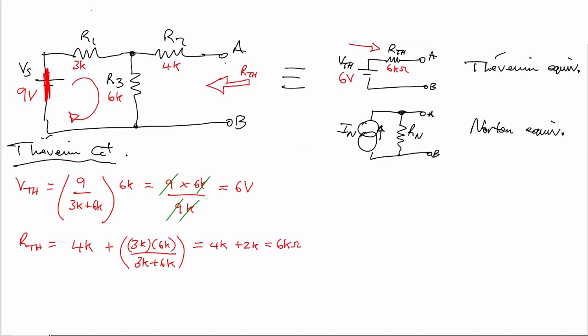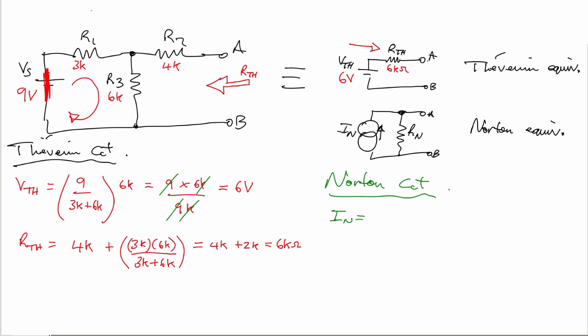Okay, what about the Norton circuit? Right, well, I did say earlier it's quite easy to work out the Norton circuit once you have the Thevenin circuit. And this is how you do it. The Norton current is equal to the current that you would achieve if you put an ammeter from A to B in your Thevenin circuit.